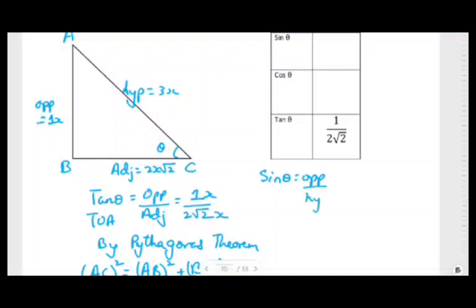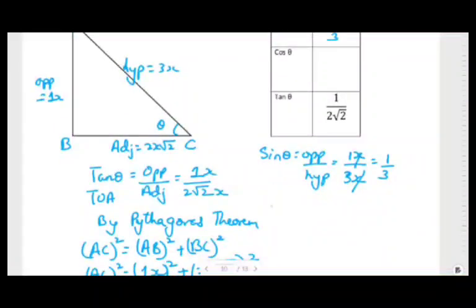Now sine value. Opposite upon hypotenuse. My opposite is 1x. My hypotenuse is 3x. Cancel, cancel. 1 upon 3. What's my cos value? It is adjacent upon hypotenuse.